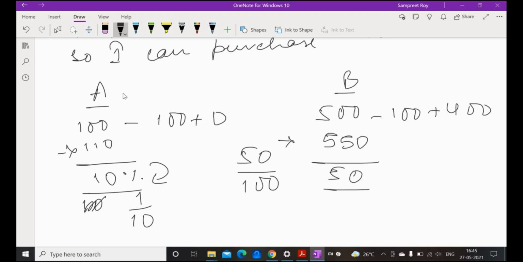50 by 100, because this 400 part people have loaned me, right? This 400 part people have lent me, so that I can buy the house.